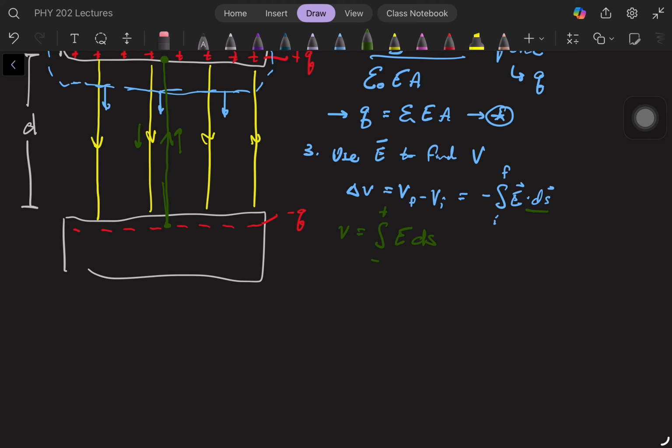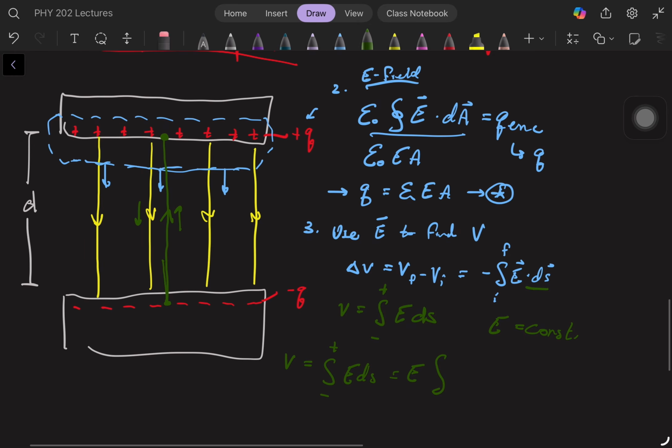Since we're inside our parallel plates, we know E is constant. And so we can say our potential, we'll write this again, E ds is equal to E. Well, this point is some y equals 0, and this point here is some y equals d, right?